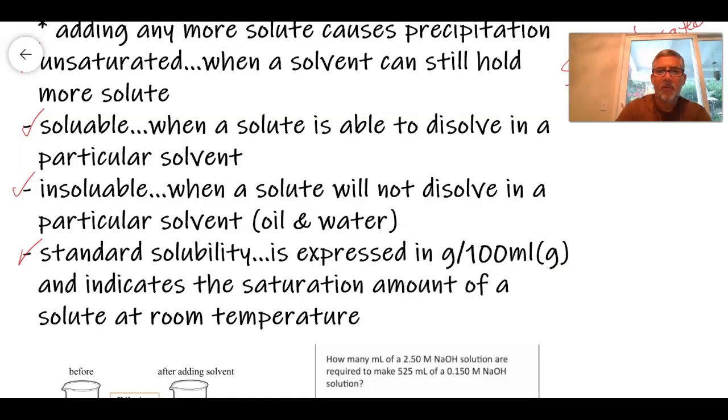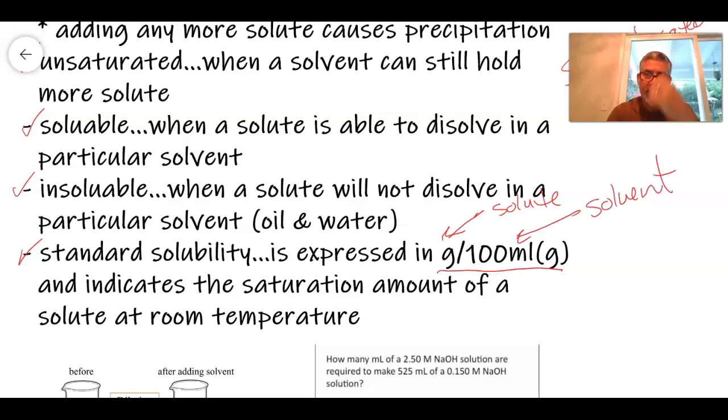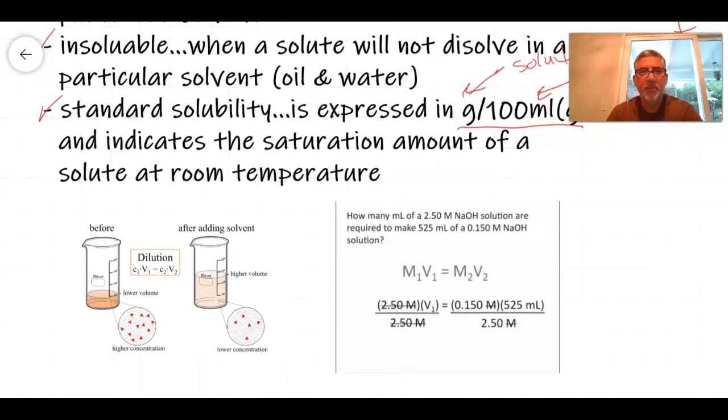So this is grams of solute per 100 milliliters of solvent. If it's not water, then it's 100 grams, but I'll just say 100 milliliters.